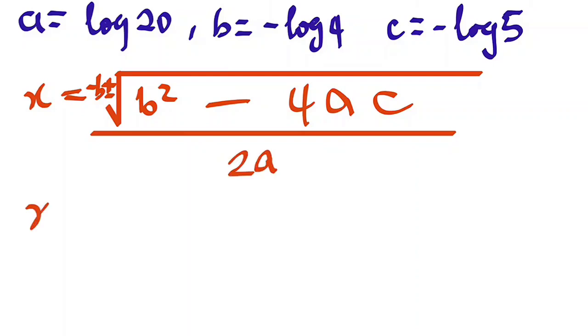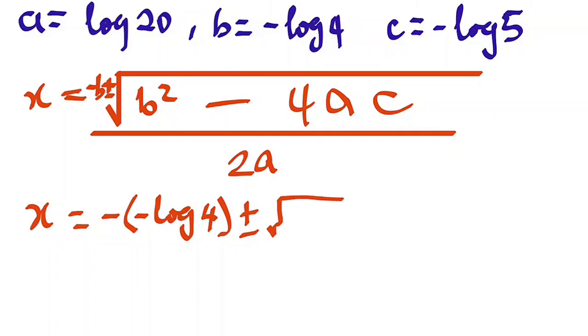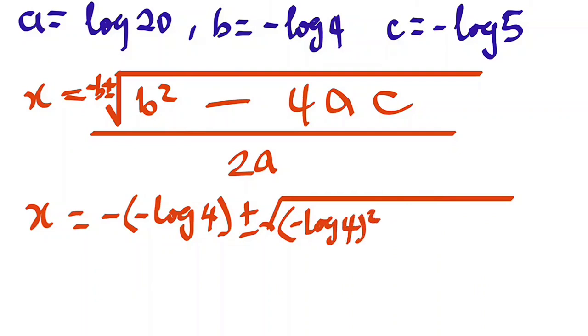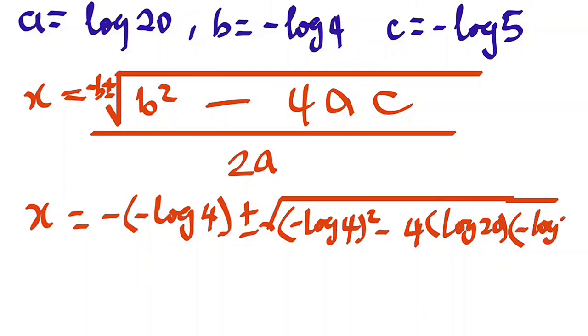Understood? So we're going to have x equal to, what is our b? b is minus log 4, then plus or minus the square root of b squared, that is minus log 4 all squared, minus 4 times a, which is log 20, times c, which is minus log 5.